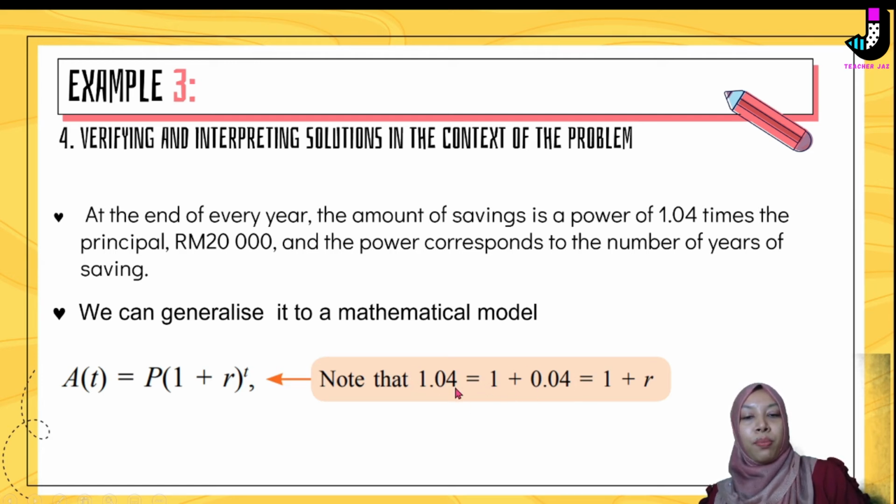Note that 1.04 you get from 1 plus 0.04, and the 0.04 is the value of R, the interest rate.